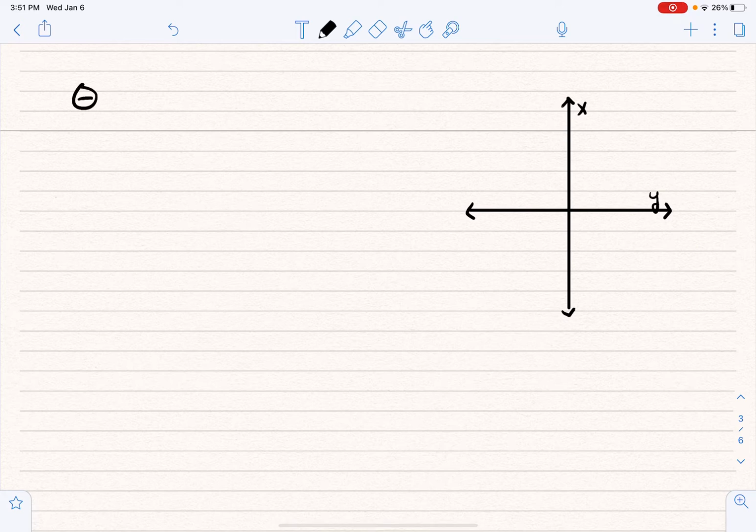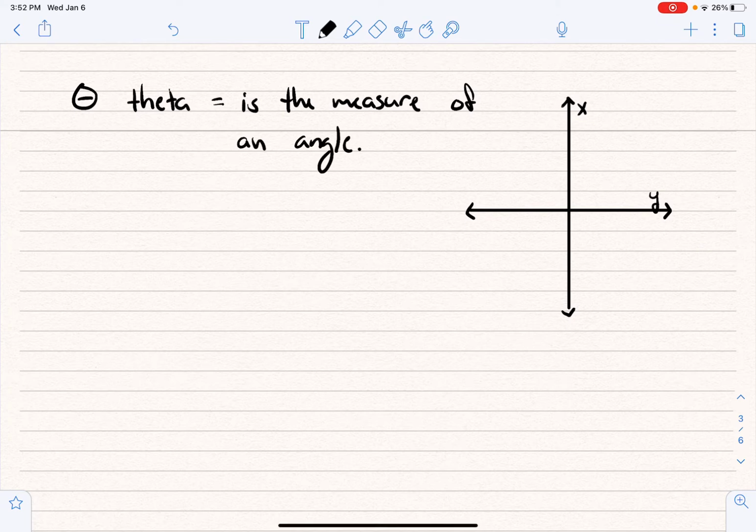Kind of looks like an Easter egg. Looks like that. Okay? And this is theta. Theta is the Greek letter that is the most common variable used in trigonometry. Typically, theta is the measure of an angle.